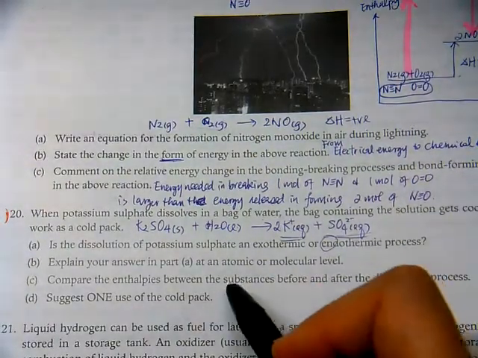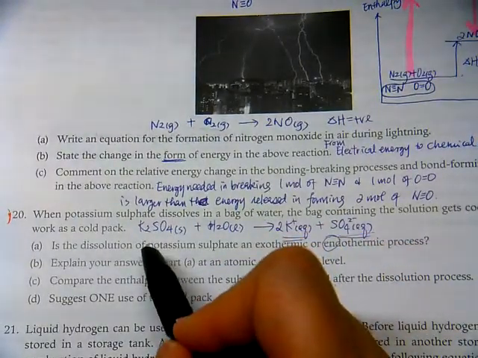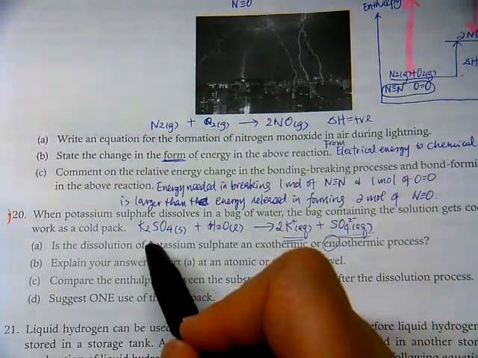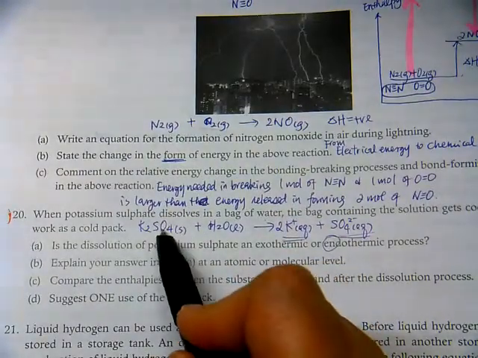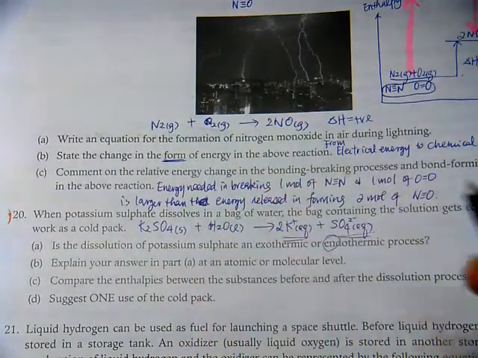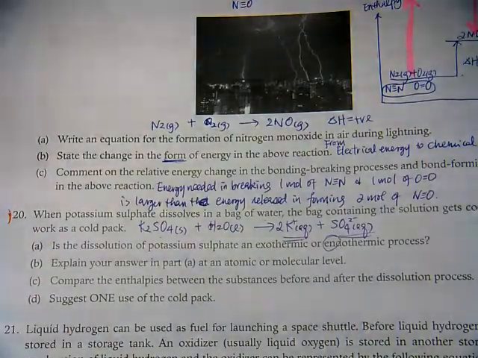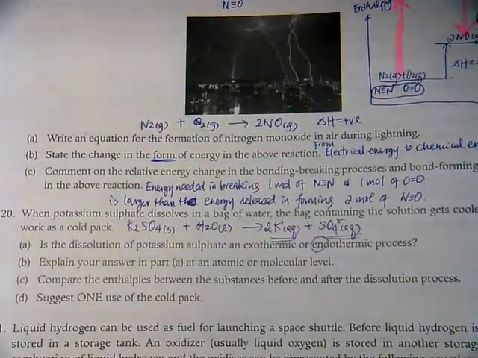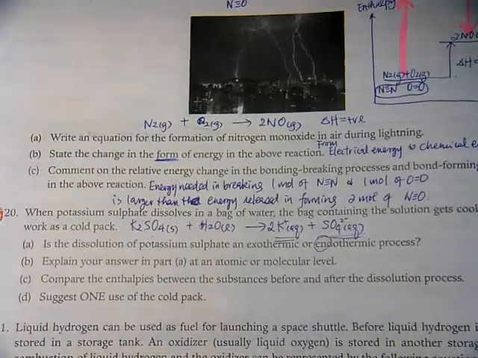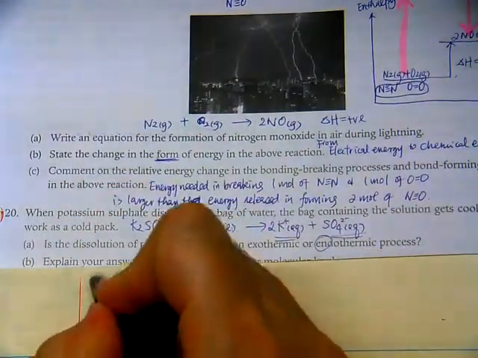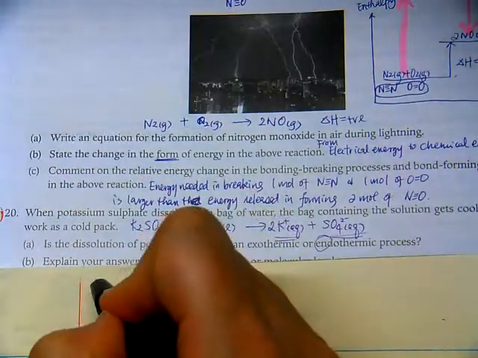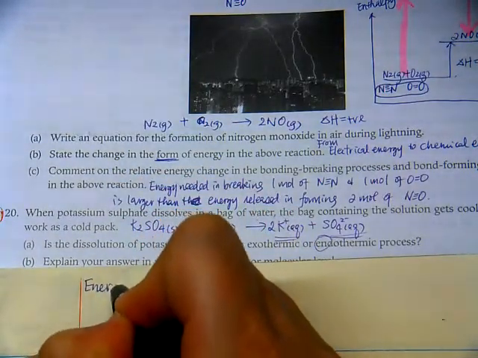Okay, so let's look at the bonding. During the reaction, energy is needed to break the ionic bond. Maybe I use a piece of paper to put down the answer. You may write down these 2 sentences first.